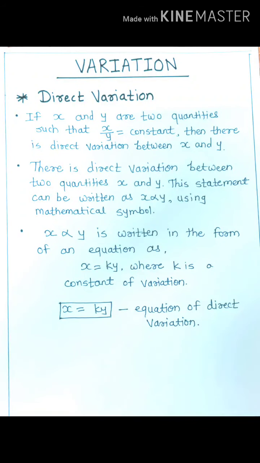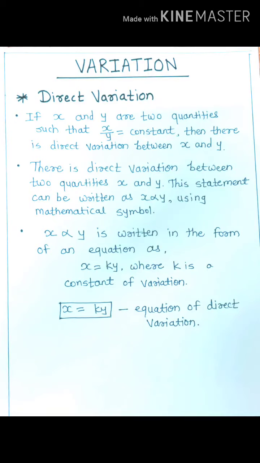Students, let's learn direct variation. If x and y are two quantities such that x upon y is equal to a constant, then there is direct variation between x and y. This statement can be written as x is directly proportional to y.